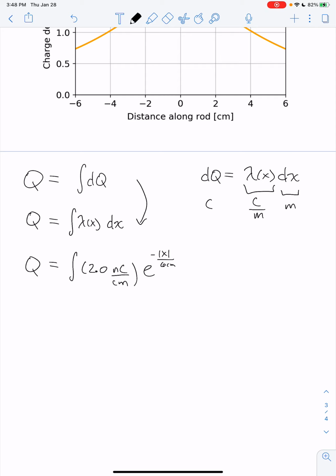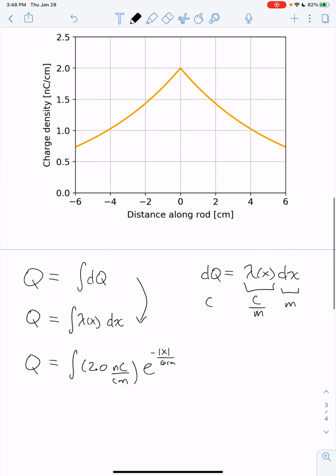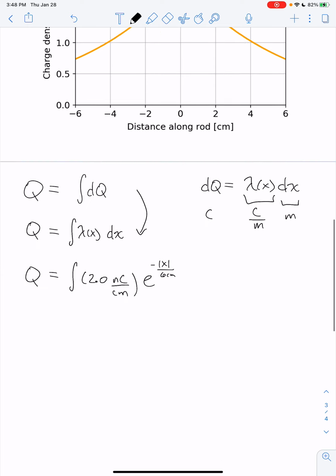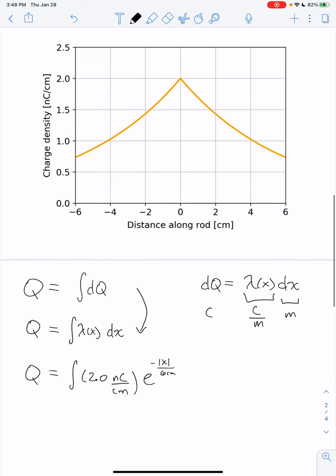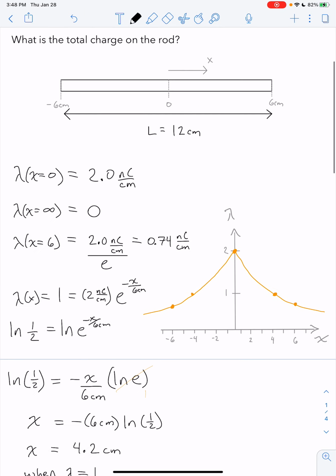Okay, so we're integrating this area under the curve, and we can't do that graphically because it's an interesting curve. Okay, so let's take a look at what we've got now. In our case, we're integrating across an object, this rod, back up here.